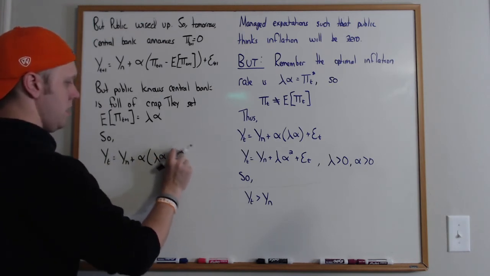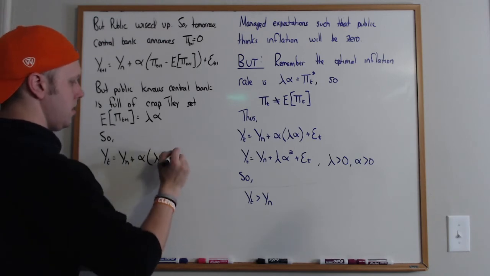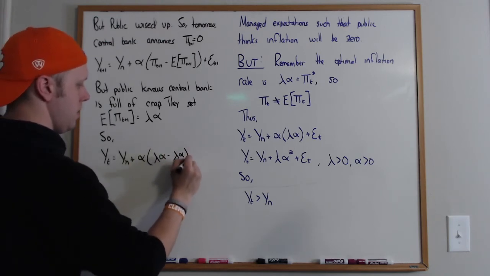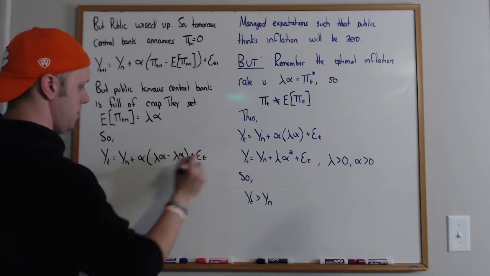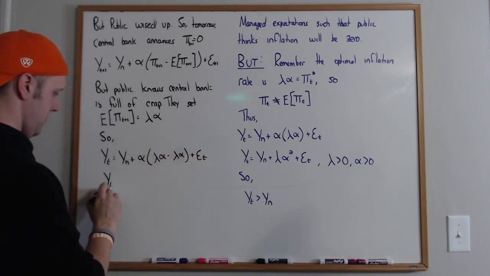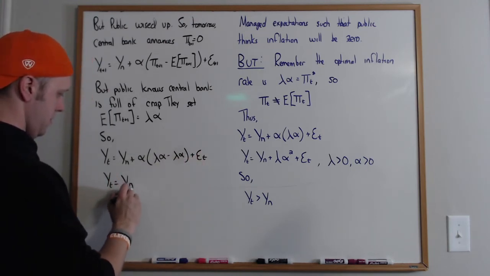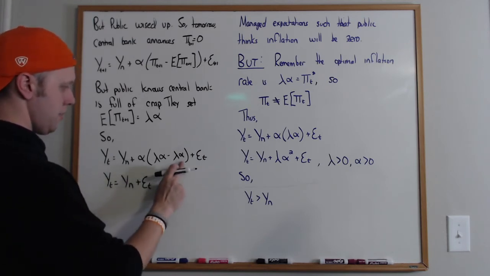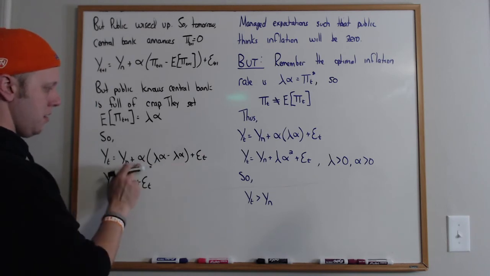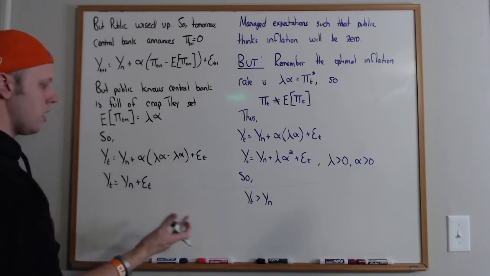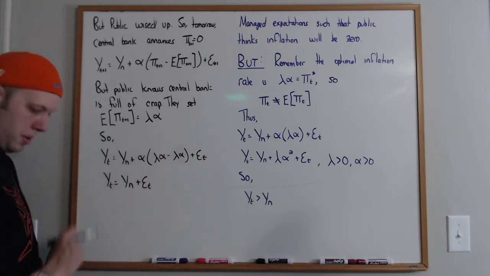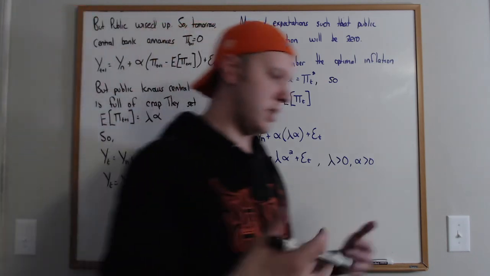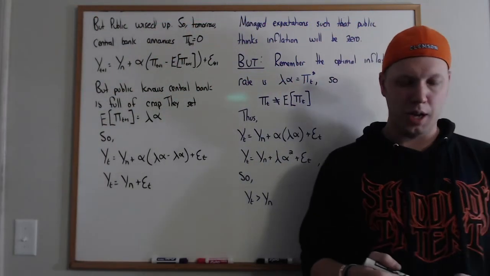Which is lambda times alpha. Well, lambda times alpha minus lambda times alpha is just alpha times 0. So we get output being equal to the natural rate plus any source of non-monetary policy shocks.